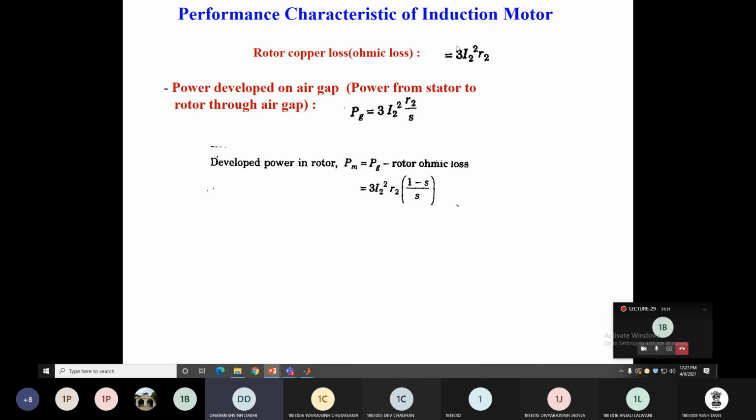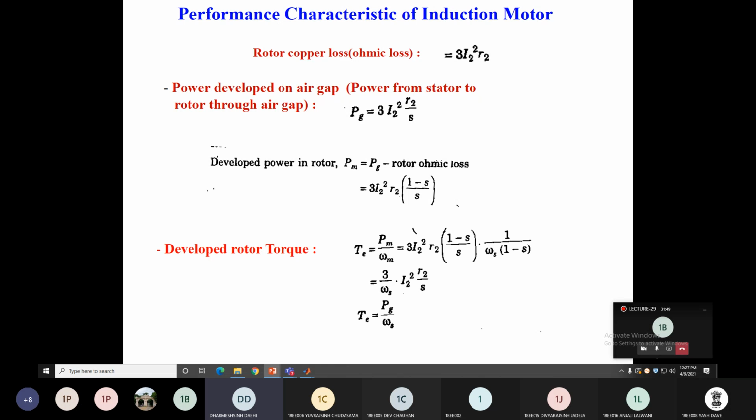So if you subtract this equation from PG, you get 3 I2 squared R2 into (1 minus S) divided by S. Now, how much torque is developed? As we know, torque is nothing but power divided by speed in radians per second.